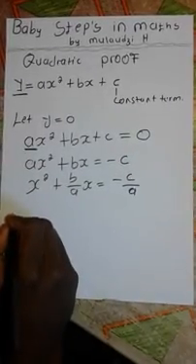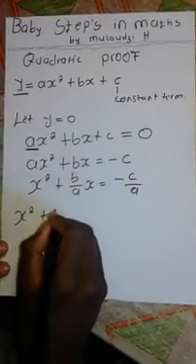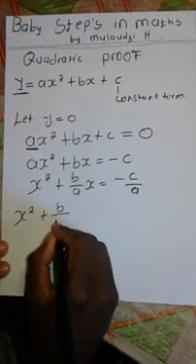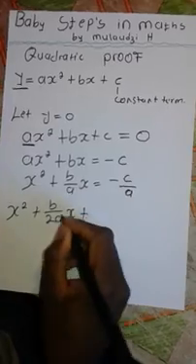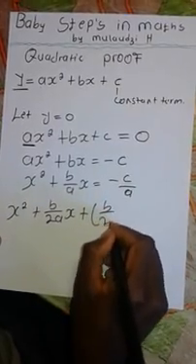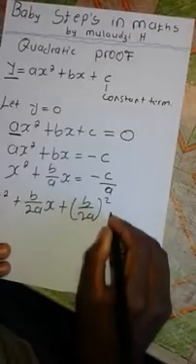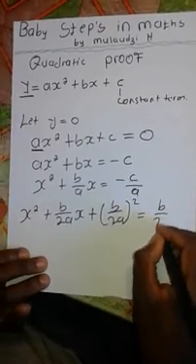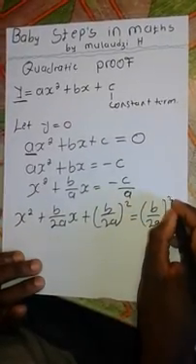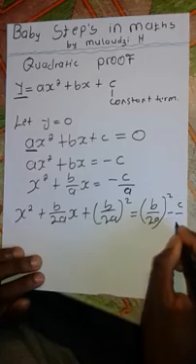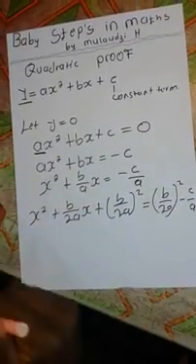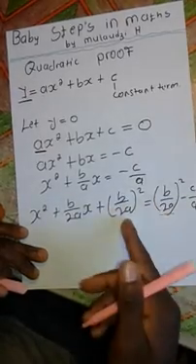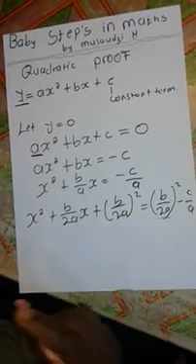Okay, it means that I'm going to have x squared plus b over 2a x plus b over 2a all squared is equal to b over 2a all squared minus c over a. If you take this one, you bring it to this side, it's going to be minus. It's like we added 0.